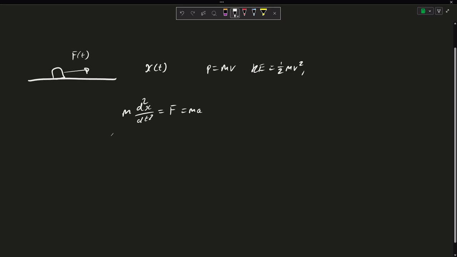From this, you can even get your momentum relation, which is the derivative of momentum is equal to your force. Okay, so the time derivative of momentum, that is.